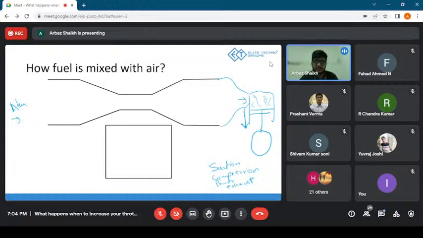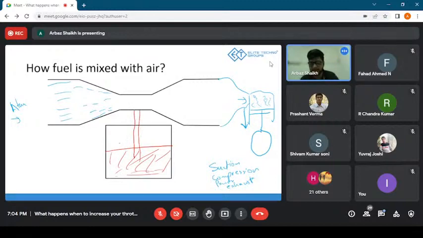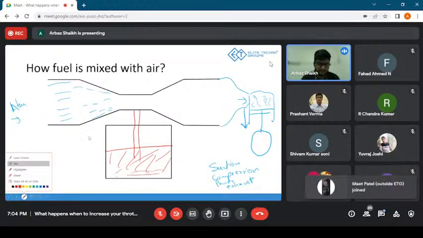Now, when the suction stroke is going on, the air molecules will come around like this, right? And let's say I'll draw the petrol in red now, just to give clarification on it. And I'll put a pipe connecting the Venturi to the fuel tank or fuel float bowl like this. Now, when the air comes over here, the pressure would decrease.